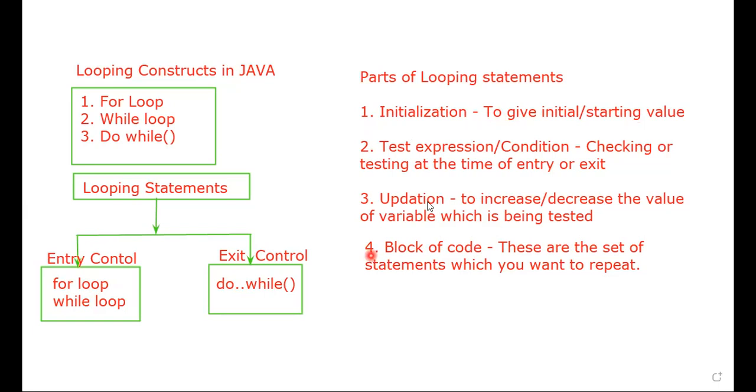Whenever we talk about looping, meaning repeating, there has to be a counter which keeps on counting. Most of the time there is a counter, and in rare cases we use a normal variable. So that is the reason I've written checking or testing at the time of entry or exit.